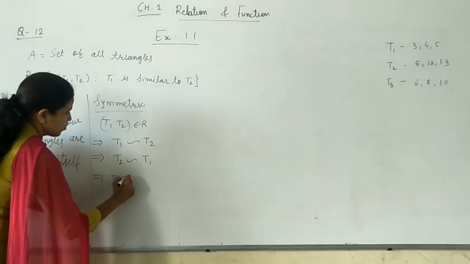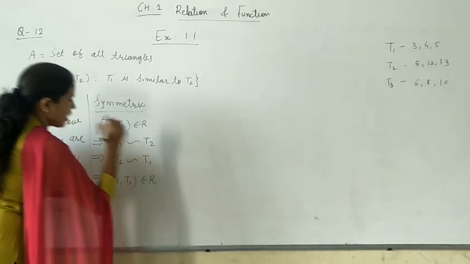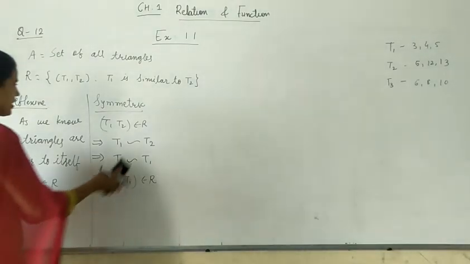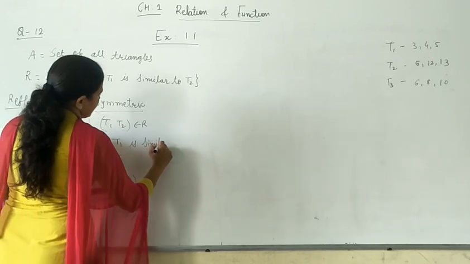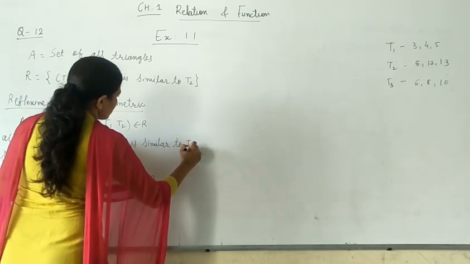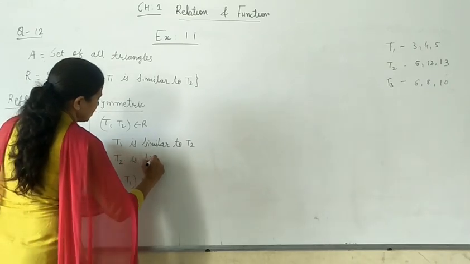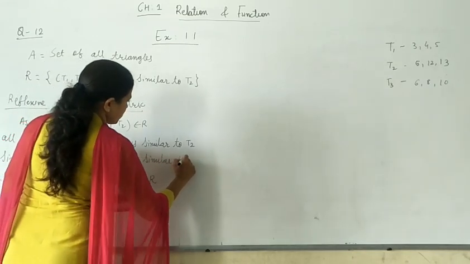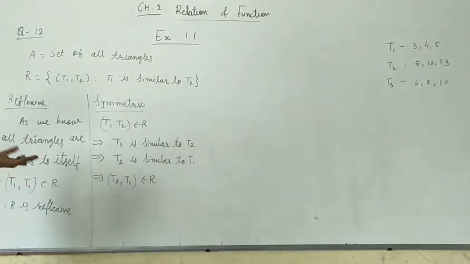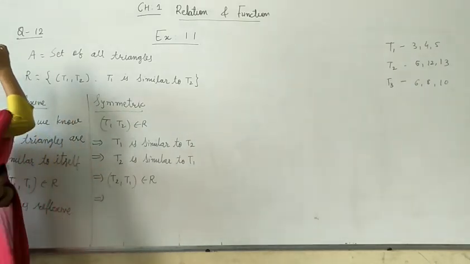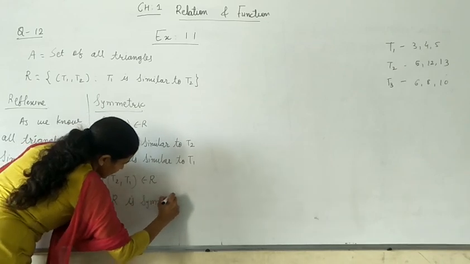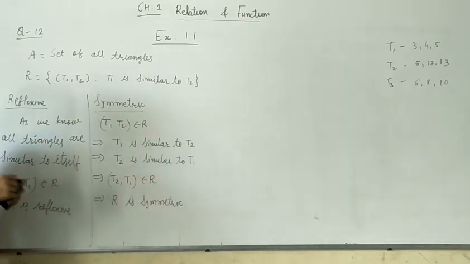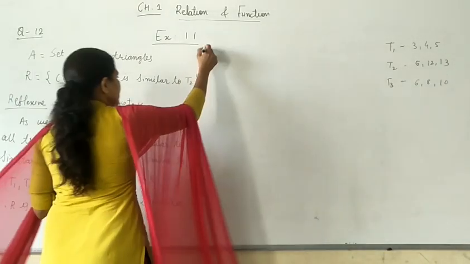That means T2, T1 belongs to R. Or in words, T1 is similar to T2, then T2 is similar to T1. It is obvious, so T2, T1 belongs to R, and that gives the symmetry. That gives R is a symmetric relation. Now the third part, we know, is transitivity.